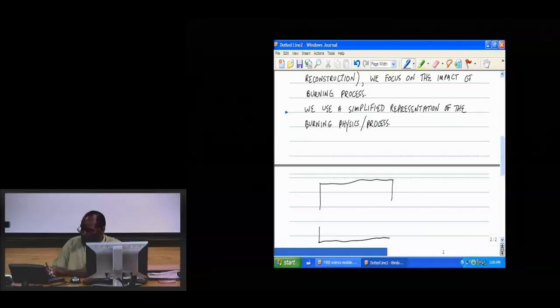The room is on the scale of a meter, a few meters, maybe a 3 or 4 meter room. So order meter length scales for this room. And what we'll see is that we talked about the fact that a flame can be considered an interface.